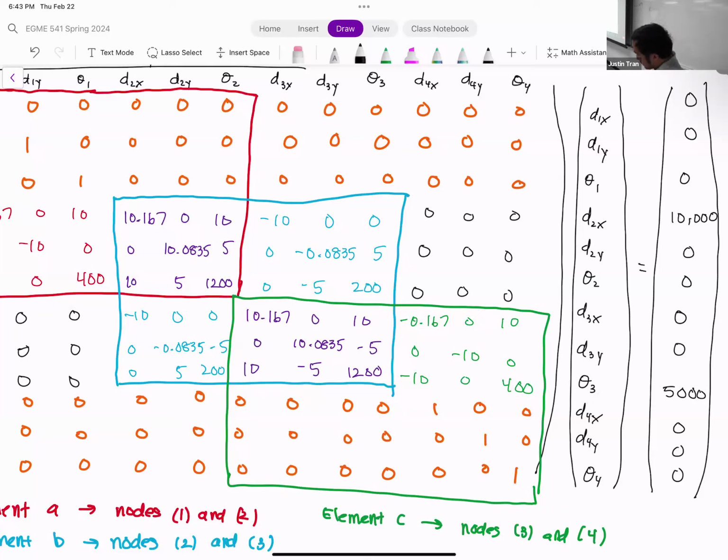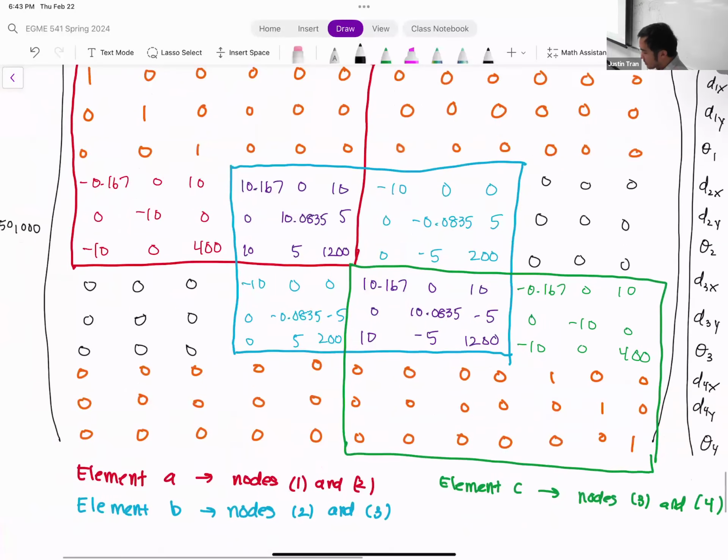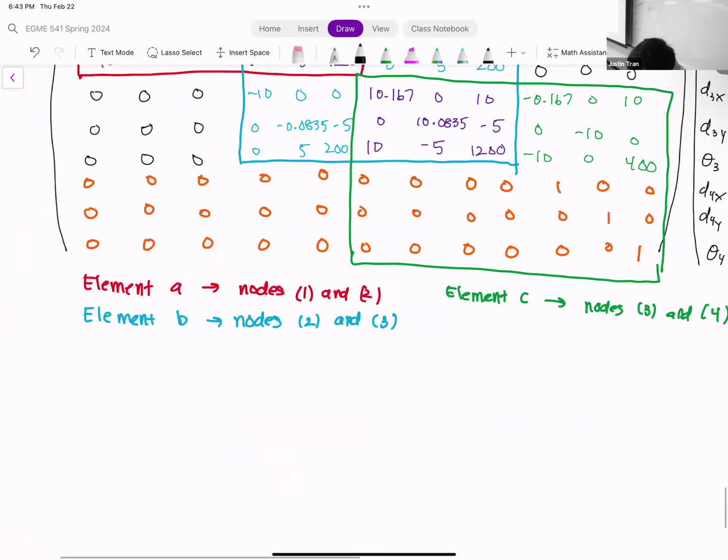All right. So now that we have our assembled global stiffness system, we've incorporated all the boundary conditions. Our forcing vector is all filled in. Okay. Now all that's left to do is to solve the system. So you would plug this in to MATLAB.